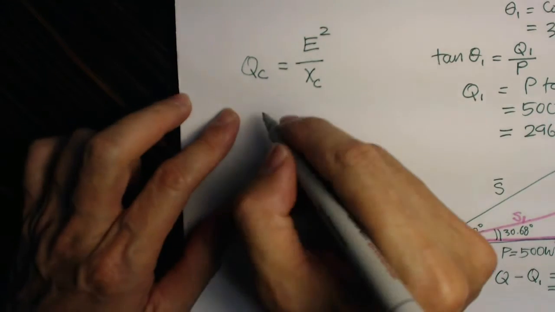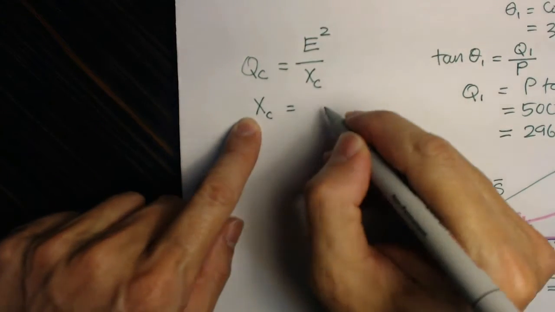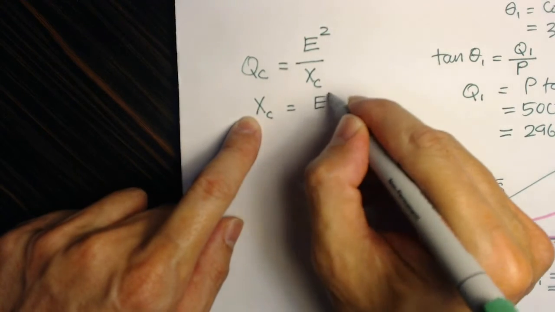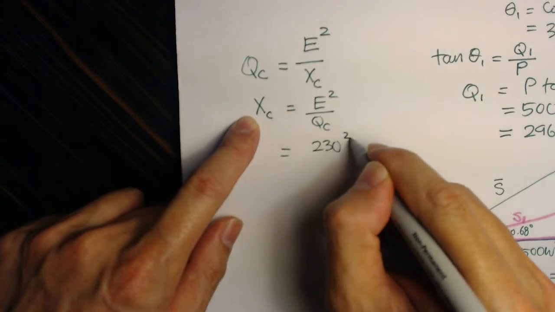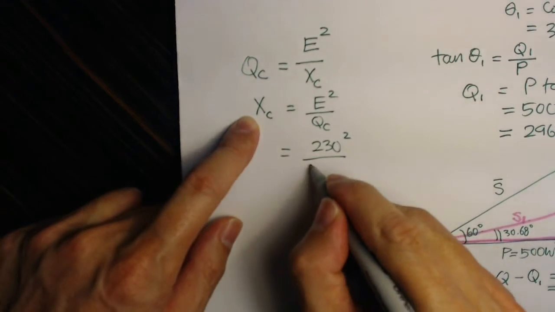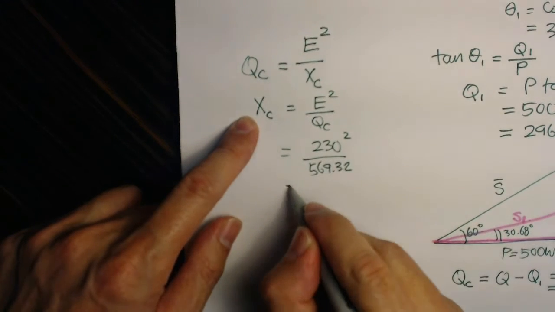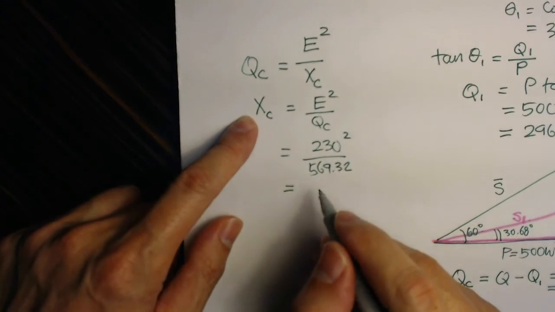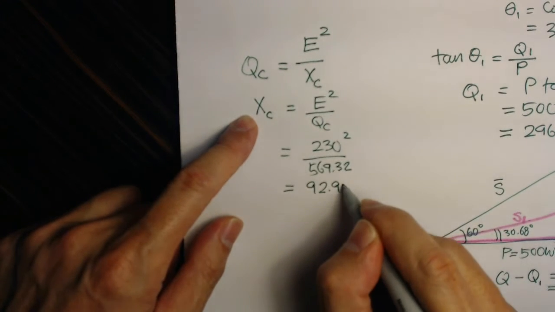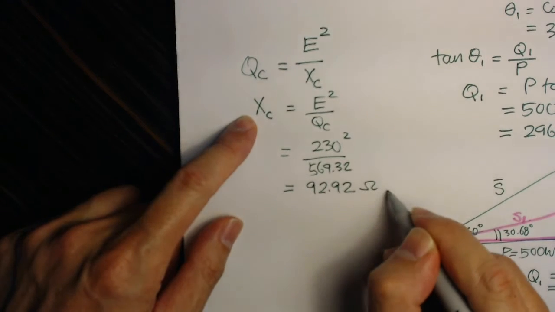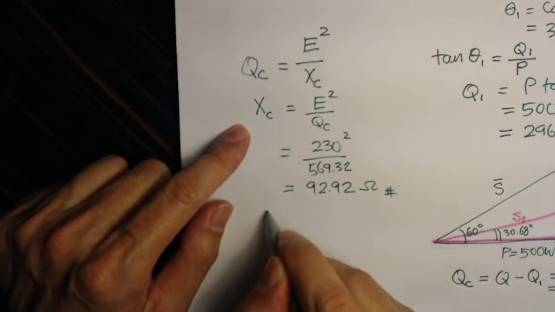In other words, I need to introduce a capacitor in such a way it will provide me this reactive power. So QC equals E square over XC, so XC equals 230 square over 569.32 VA. That means the XC I need is 92.92 ohms.